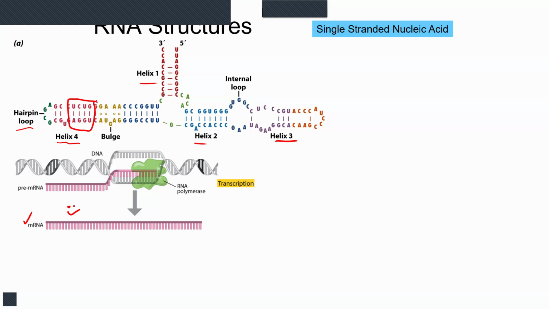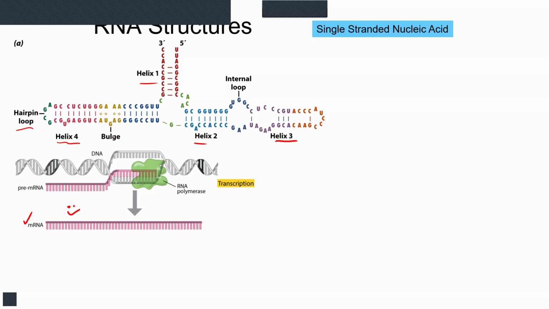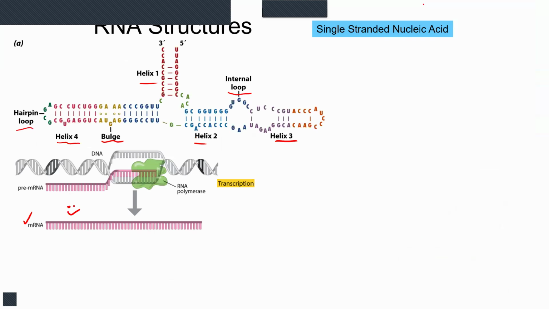And maybe there's some offset where they don't hydrogen bond perfectly, which could produce either a little bulge or a little loop in that molecule. In this figure, that's what I'm trying to illustrate. We've got some hydrogen bonding going on here, and then we got some chaos going on there where there's not necessarily hydrogen bonding. Let me just say it can kind of get out of hand.